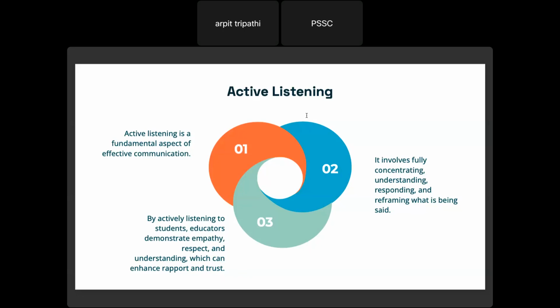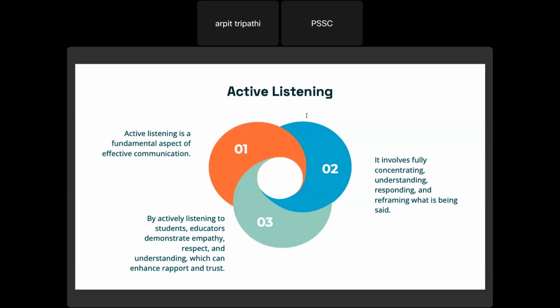The third very important part of active listening is support and encouragement. Active listening creates a supportive environment where students feel comfortable expressing themselves without fear or judgment, when students feel heard and understood. Now, there's a difference between heard and understood. I heard the conversation, but I'm not very clear what it was all about.